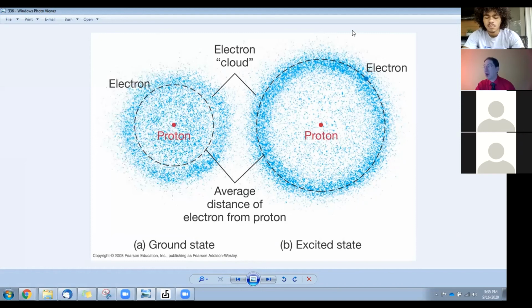When it's a wave, it's at all of these places with these different probabilities, and it can also be far away. You may remember high school chemistry, where you have S and P and all the different orbitals. They can have strange shapes once you start filling in more electrons.